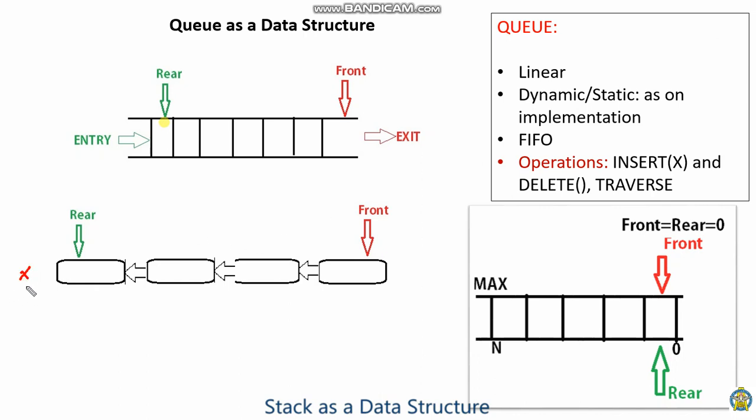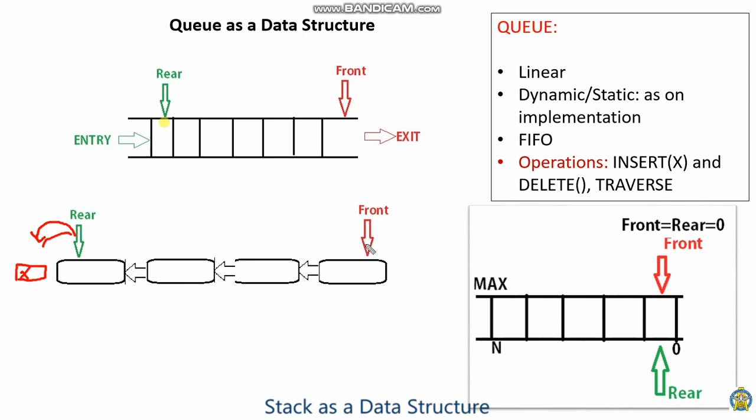Now, if I want to have one more entry, let's say a new item comes here, I need my rear to move here. If you look at it as a linked list, it is nothing but a new node getting inserted at the beginning of the list. So move the rear here and point. It's easy. Since we know this node, I can always connect and move the pointer back to the new node. But when I want to delete an item, it's always the first item being deleted. It's easy.